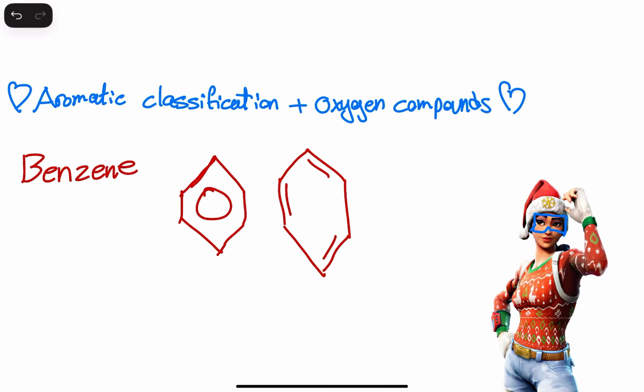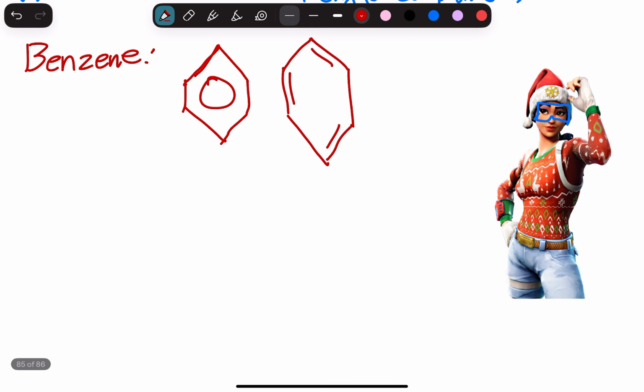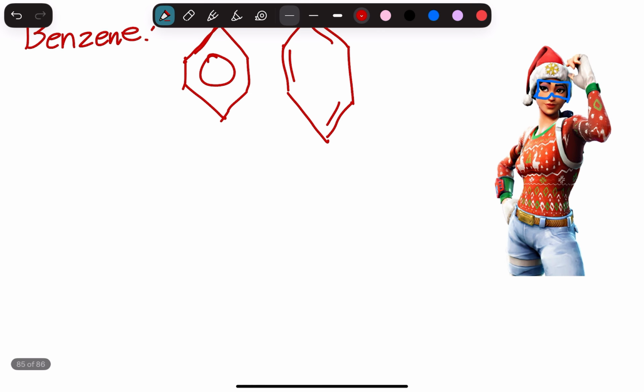Now, there are examples of benzenes. The first one we're going to talk about is what we call a phenol. We haven't gone into alcohols yet, that would be the oxygen compounds, but we're just going to introduce it now because it's a benzene. So, let's do a different color. Let's do phenol.